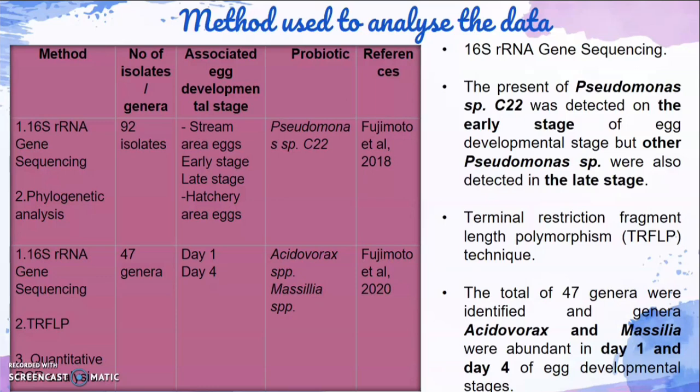For the study of Fujimoto et al. 2020, they used the terminal restriction fragment length polymorphism, TRFLP, technique to compare microbial community composition across environmental gradient, location, and times. A total of 47 genera were identified, and the genera Acidovorax and Massilia were abundant in day 1 and day 4 of 8 developmental stages.